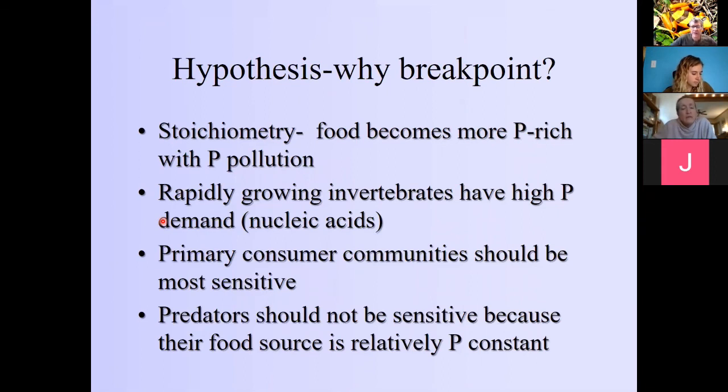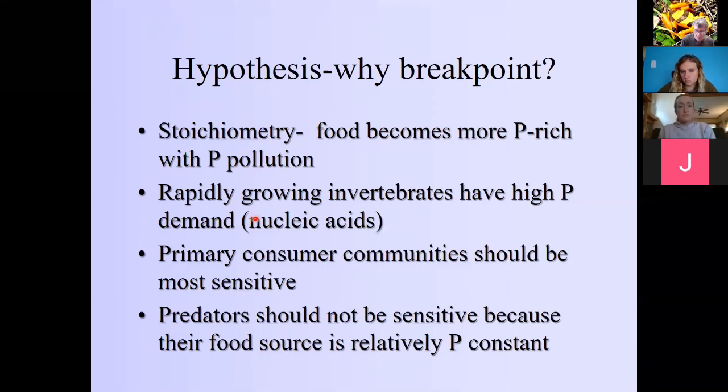We already talked about carbon to phosphorus ratios. If an invertebrate's eating another invertebrate, they'll have pretty much a balance of carbon and nitrogen and phosphorus that they need. Maybe less carbon than they need. But if you put more phosphorus in, then the specialists that need more phosphorus do better. Predators should not be as sensitive because their food source is relatively phosphorus constant, right?